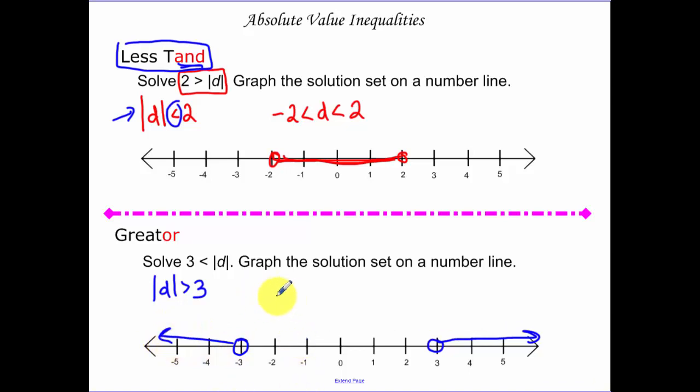So that would be an or statement, because we have D less than -3, or D is greater than 3. So with the absolute value on the left and a greater than symbol, it becomes an or statement.